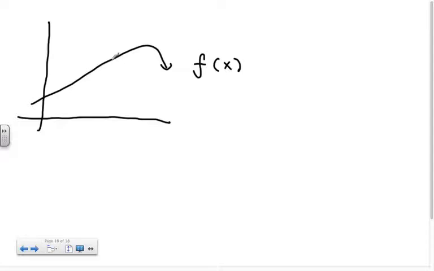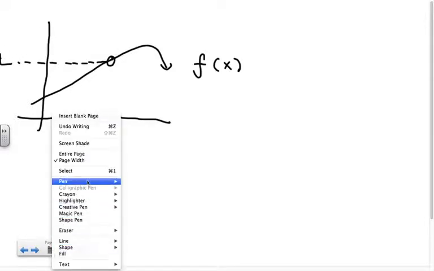The idea is that the limit is at this point. This is going to be my L. And then let me choose a different color, let's say red.